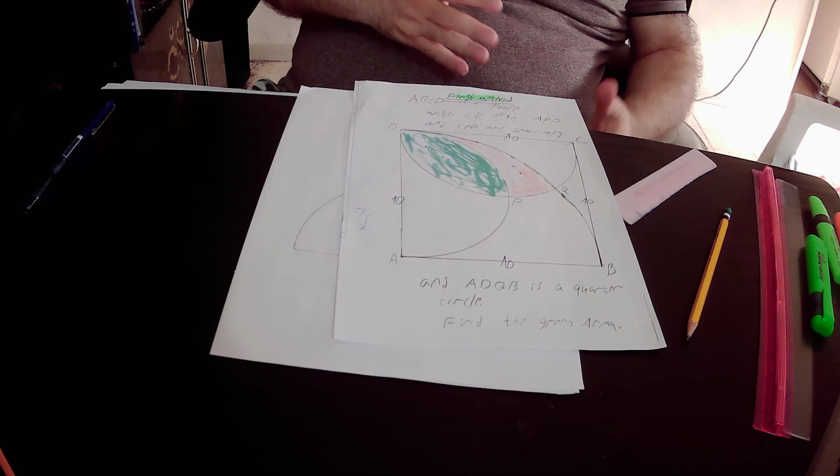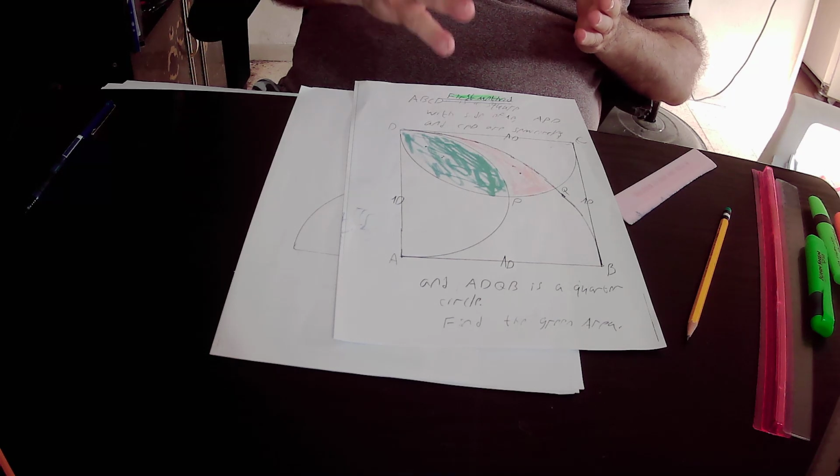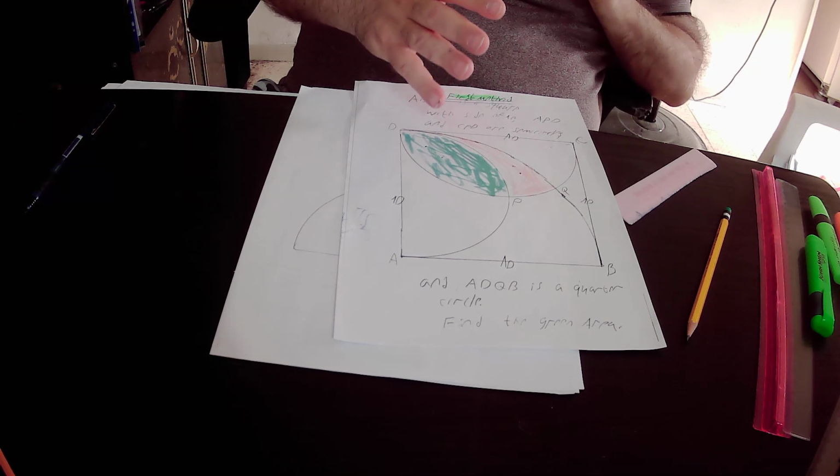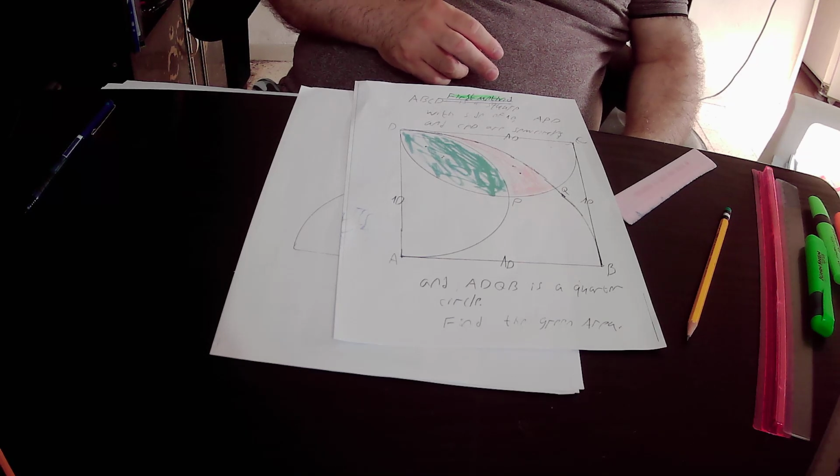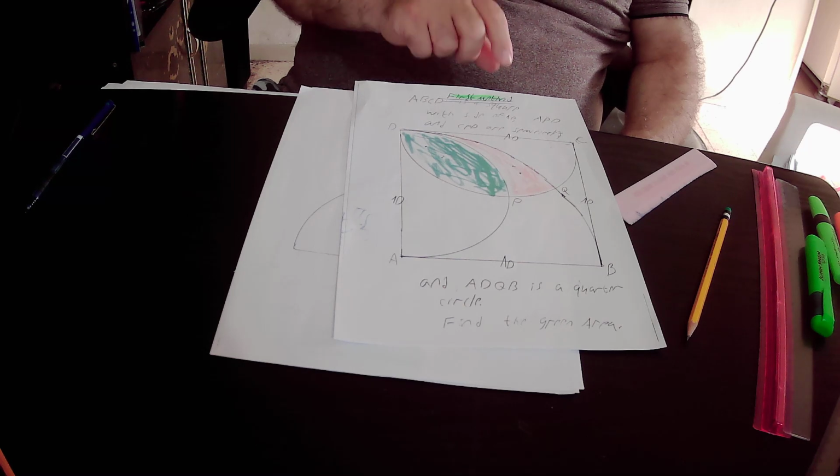Okay, so both the blue lens and the big lens were created by two shapes that are perpendicular to each other.